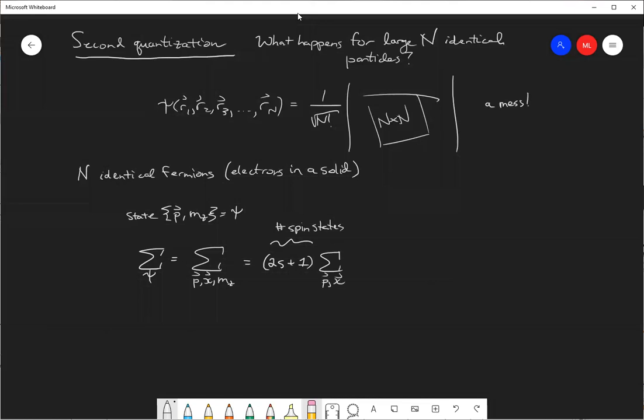But of course, if they're not interacting, then, well, they all live in some volume, V, and x basically can take on any position inside that volume.